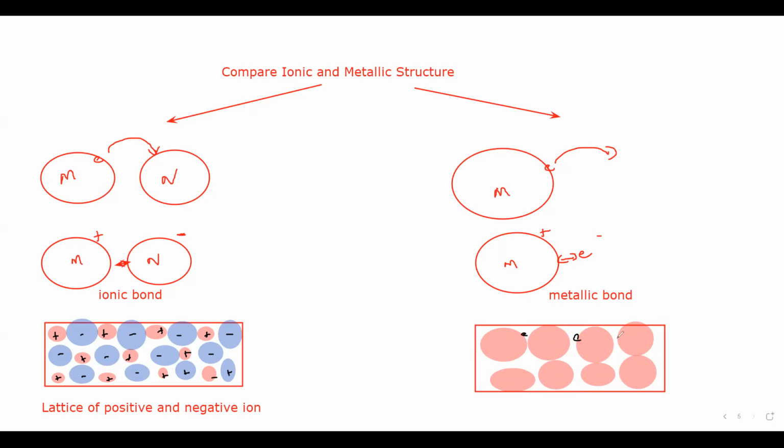So the electrons are there, and there are positive ions because of the loss of electrons. The explanation here is a lattice of positive ions in a sea of electrons. So that is the main difference in the structure of metals.